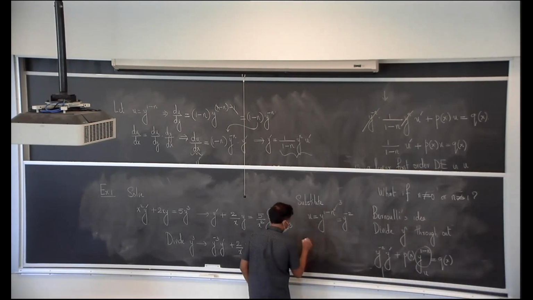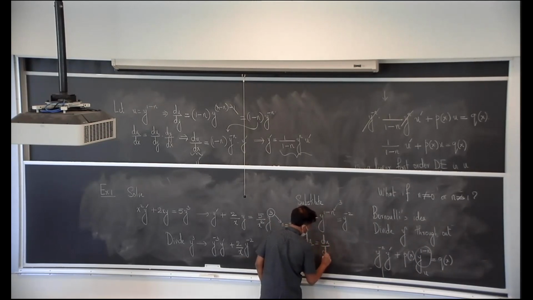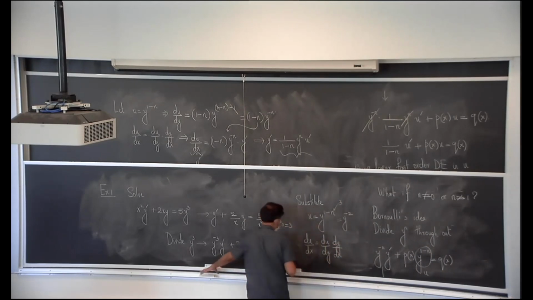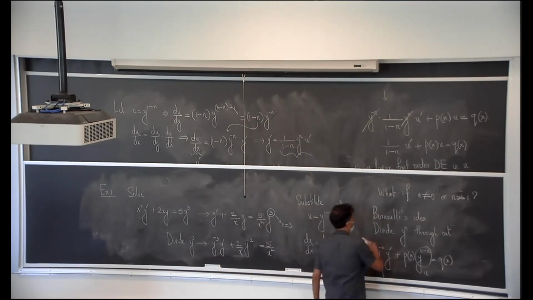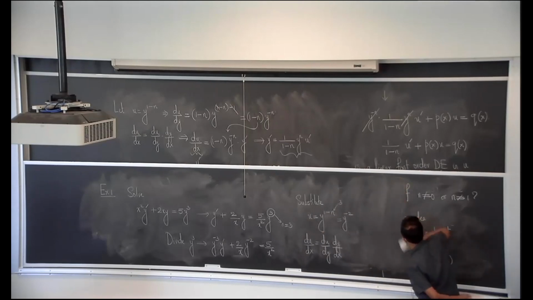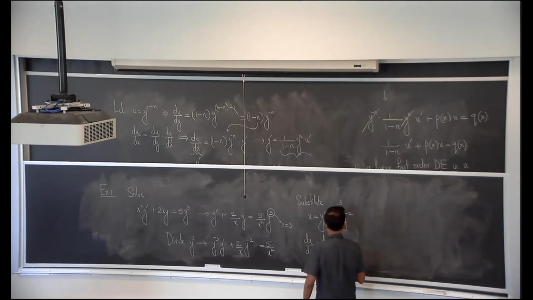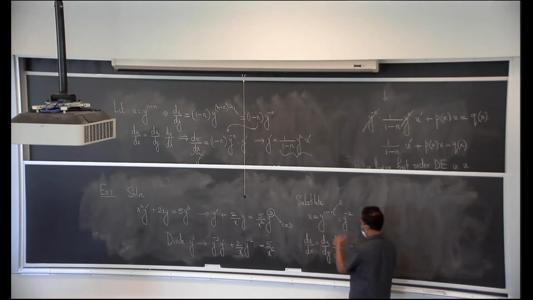du dx, or u prime, whichever notation you like, is du dy times dy dx. du dy is the only place where you have to do some minor calculus.